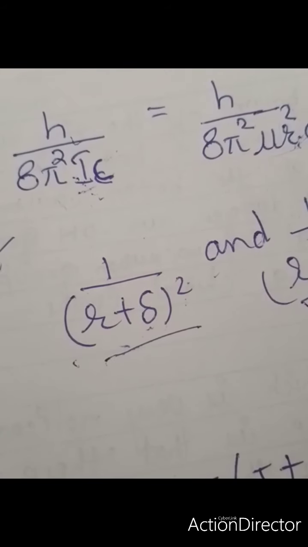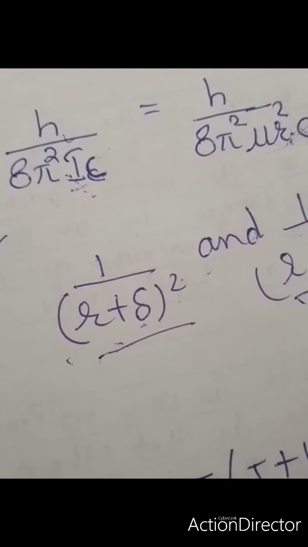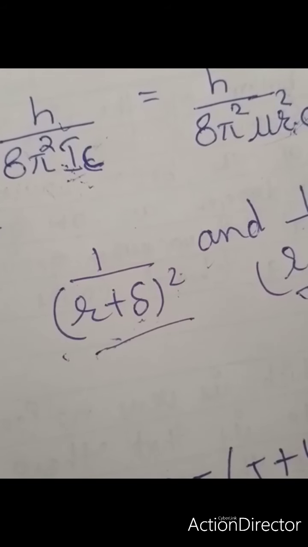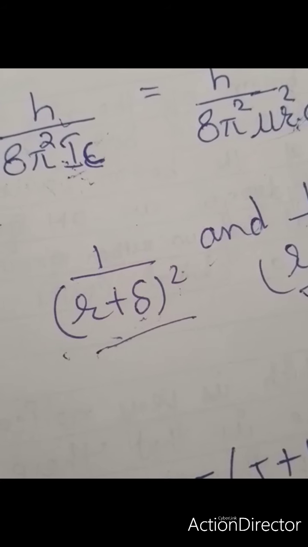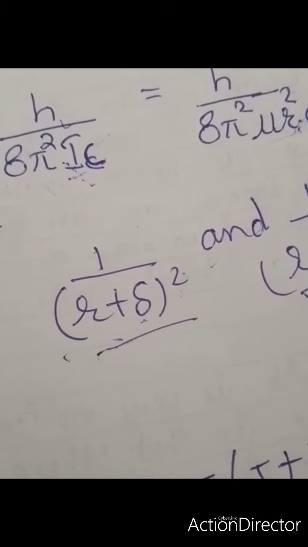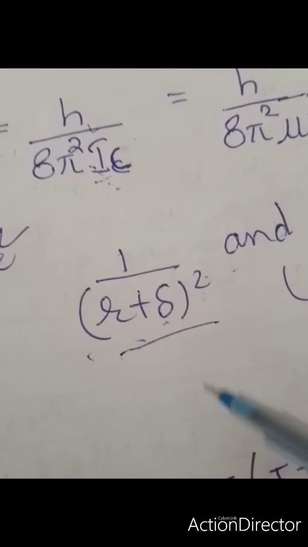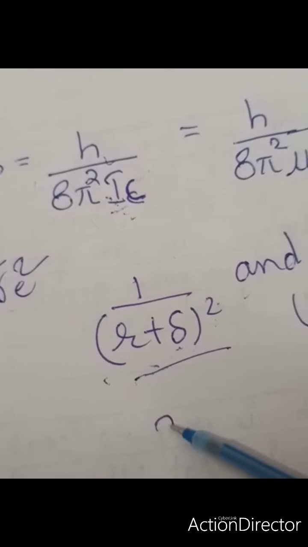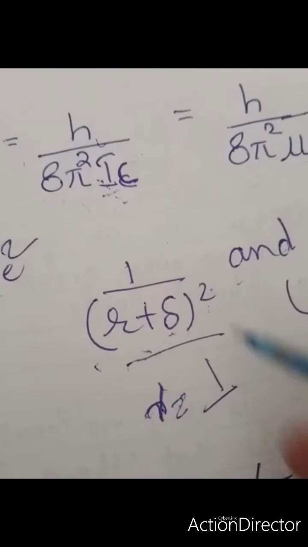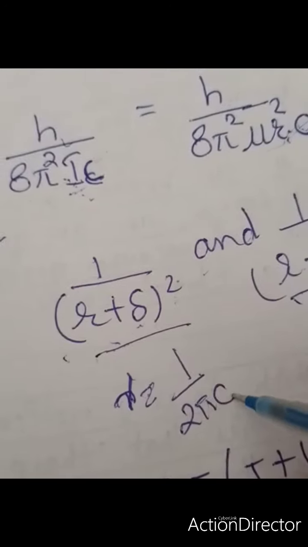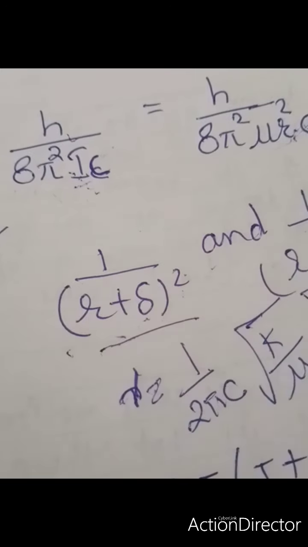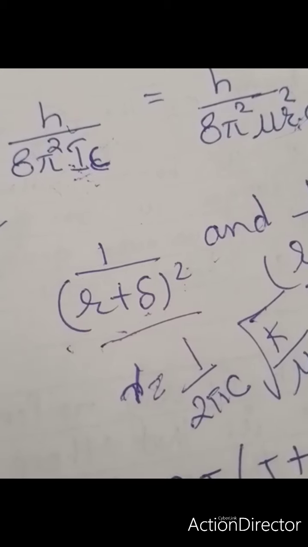The second factor to be noted is the elongation and compression of the diatomic molecule, that is the vibrational stretching mode, which depends on the masses of atoms and the bond stretching force constant K. This is given by the frequency equal to 1 upon 2 pi c root K by mu, where K is the force constant and mu is the reduced mass.